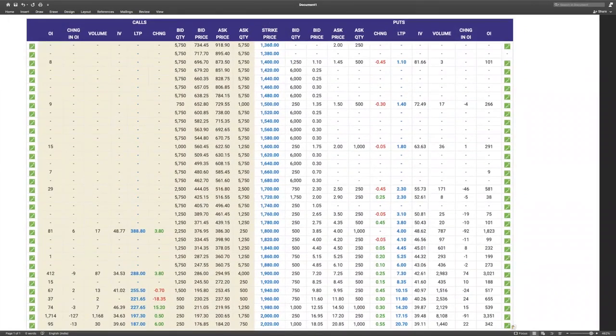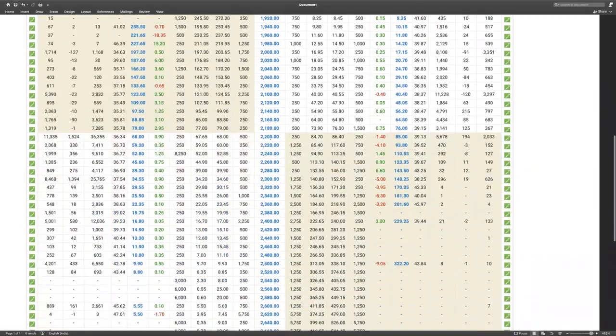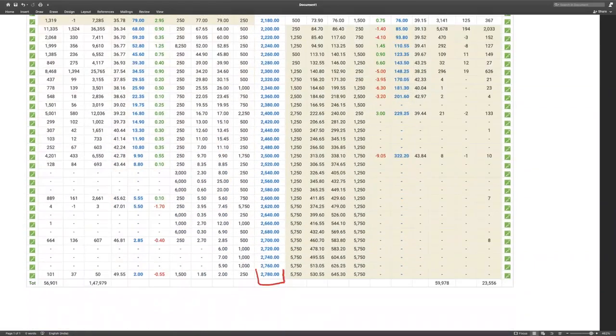2021. You can see that this column shows the strike price of the option. It varies from 1360 onwards and it starts gradually increasing and it goes up to 2780.